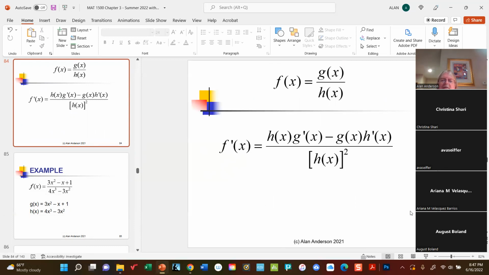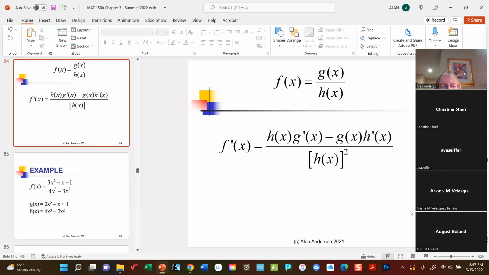Yeah, it's kind of a mess. Maybe it's not that bad, but I mean, certainly it's messier than the product rule. And again, in an in-person class, something like this, you basically would be asked to memorize it. It's not easy, but you can do it.